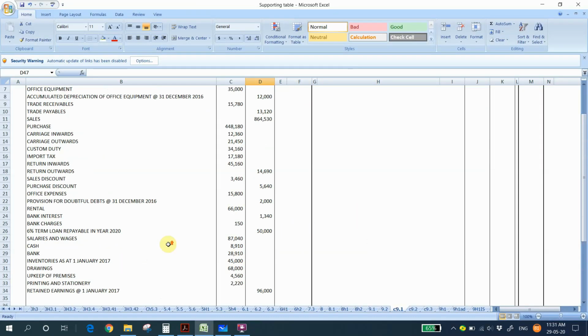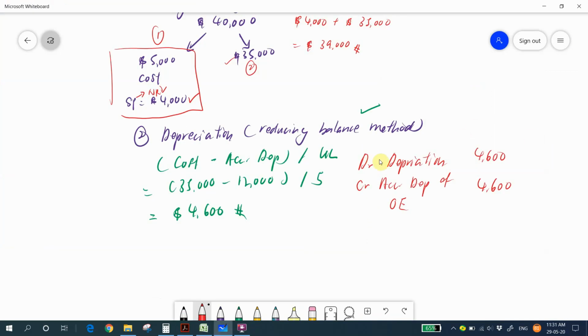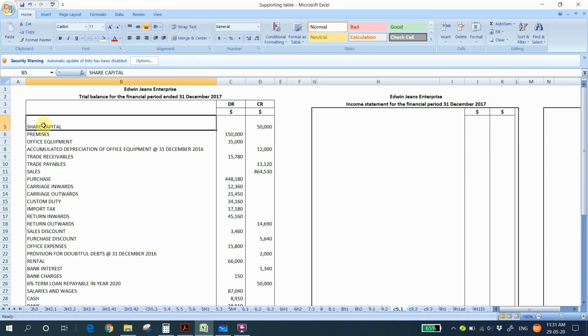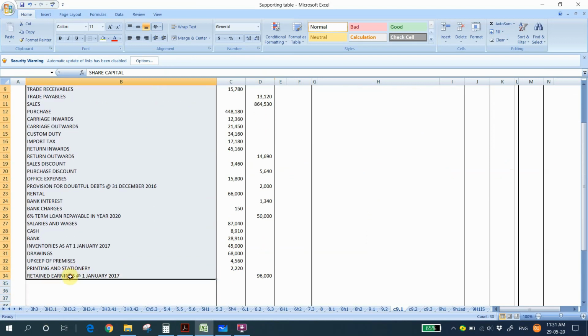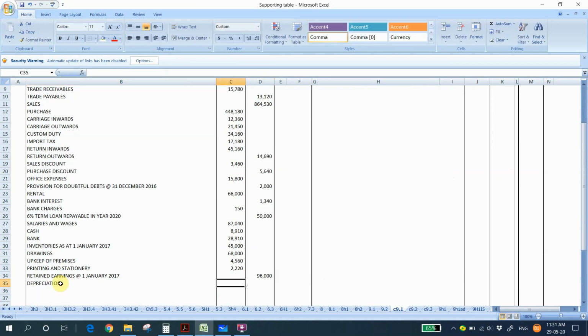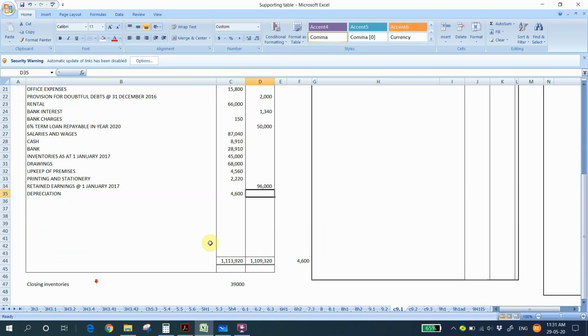So the first entry is debit depreciation, 4,600. Let's have a scan. Do we have depreciation in our trial balance? No, right? So if there is no depreciation, then we have to add a new one, depreciation, and debit 4,600, so we put in the debit column 4,600.